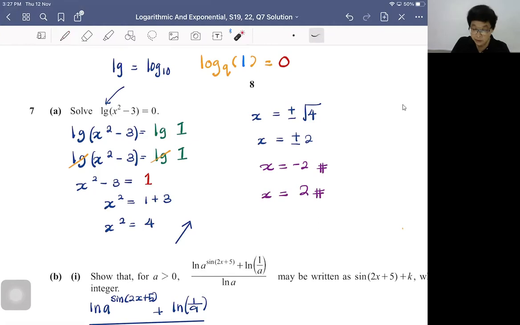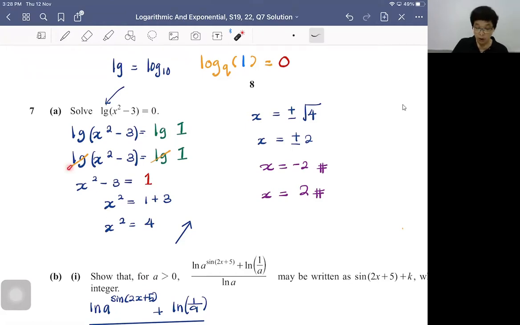With the right-hand side of 0, we are going to make it into lg of 1. Then you notice that on the equation, the left-hand side and the right-hand side both have the lg. Therefore, you no longer have to compare the lg.